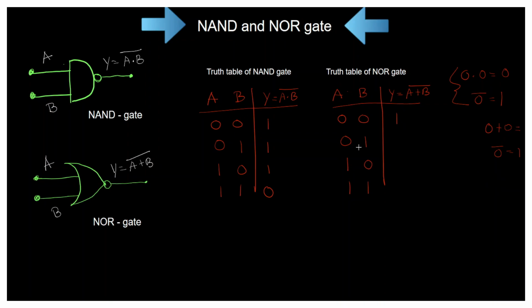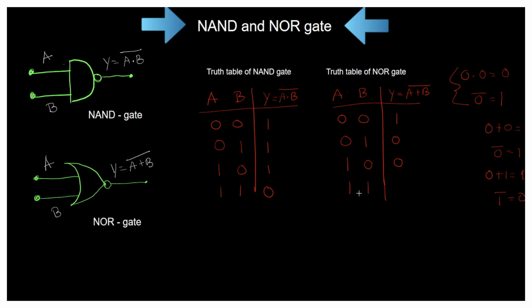Again, for this combination, 0 plus 1 is 1, but the complement of 1 is 0. Like this, 0 plus 1 is 1, sorry, but the complement of 1 is 0. Similarly, 1 plus 0 is 1, but the complement of 1 is 0.